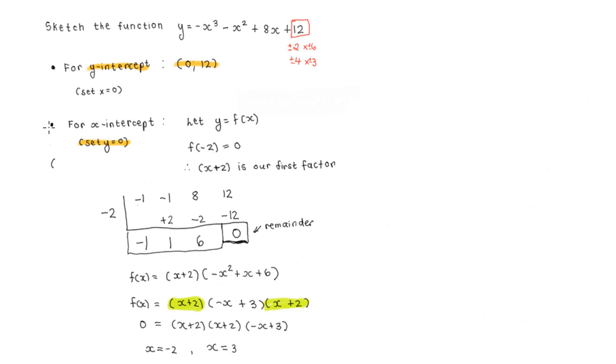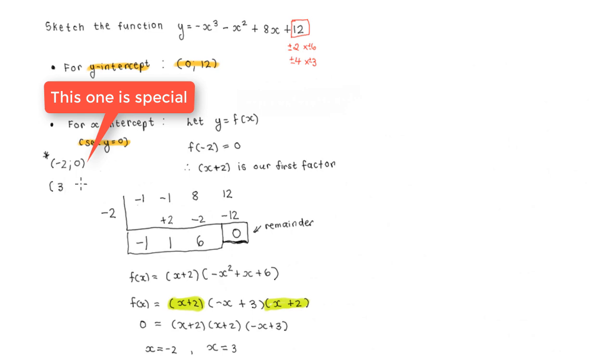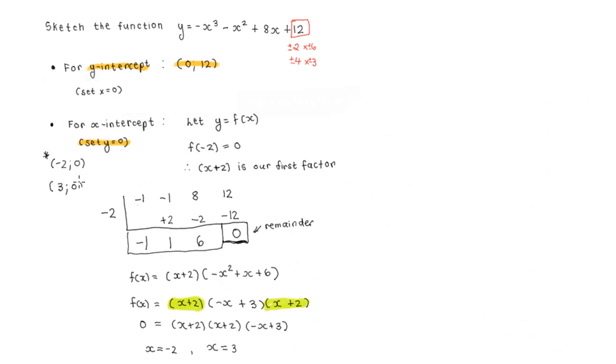Okay, so then we can jot that down in coordinate form. We have -2, 0, and you can put a little asterisk there, just to remind yourself that this one is special. And we also have an x-intercept at 3, 0. There we go.